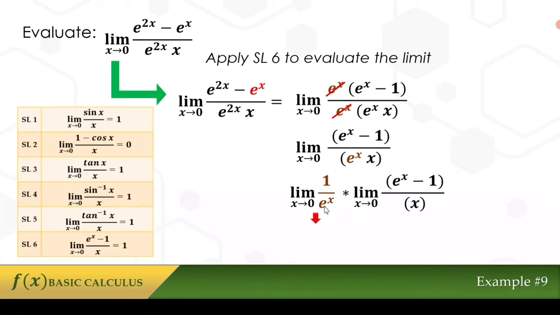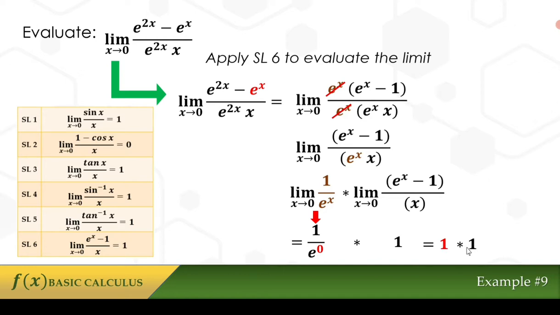Now this term is equal to 1 all over e raised to 0 if you apply direct substitution. e raised to 0 is equal to 1, so 1 all over e raised to 0 is equal to 1 all over 1, and 1 all over 1 is equal to 1.